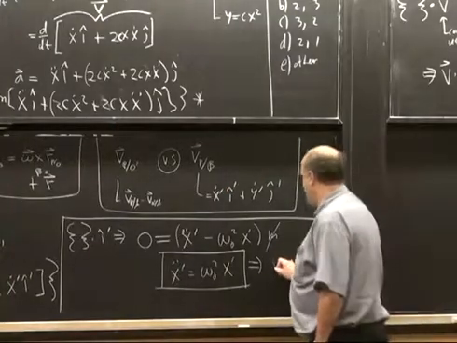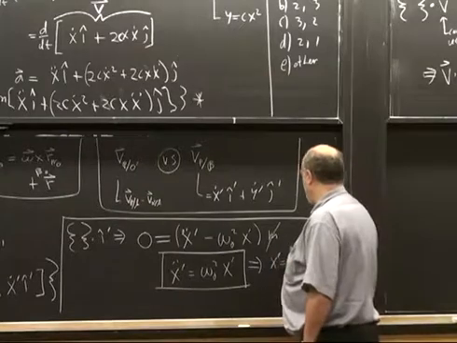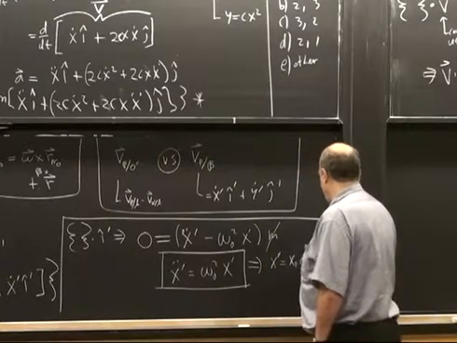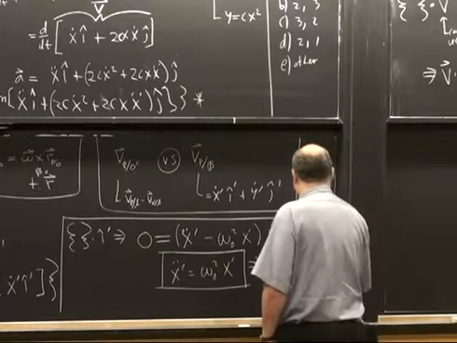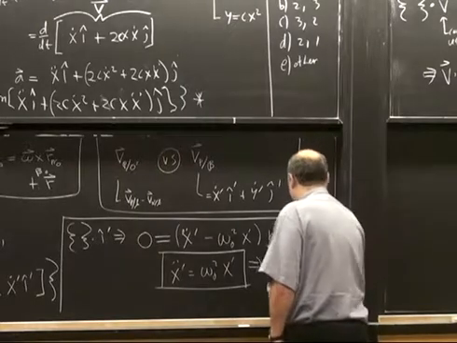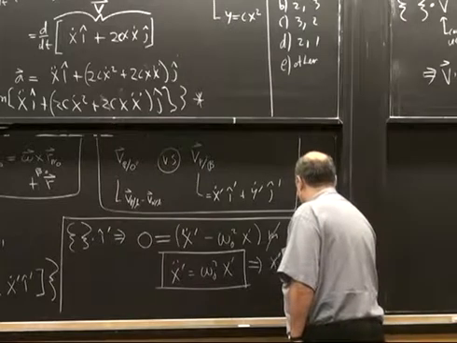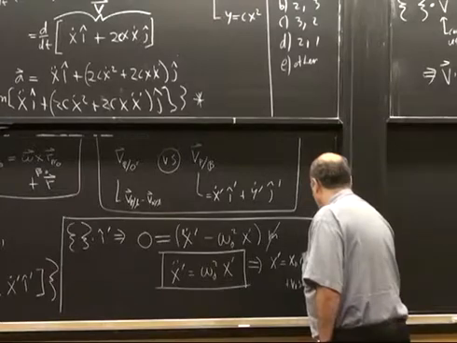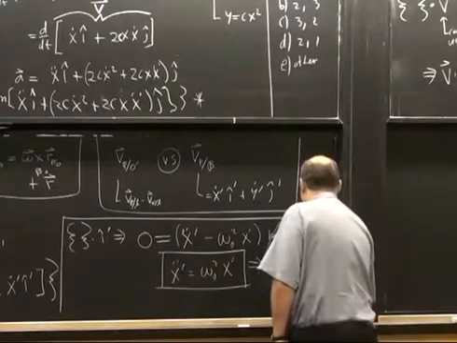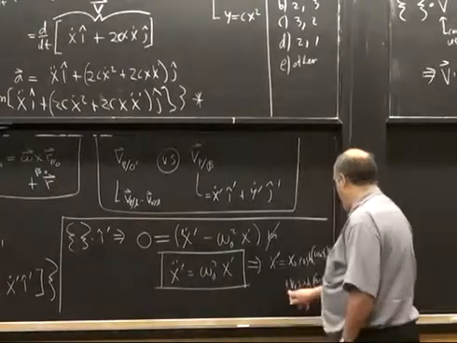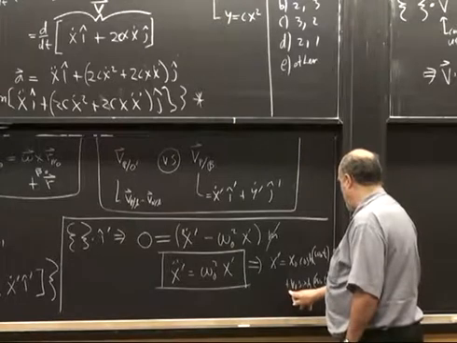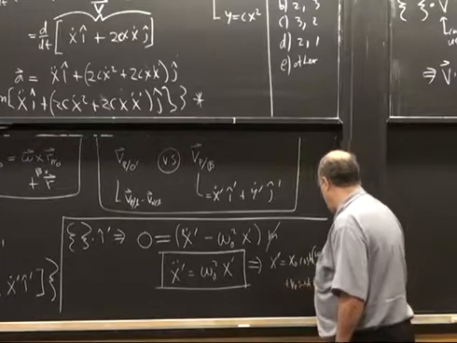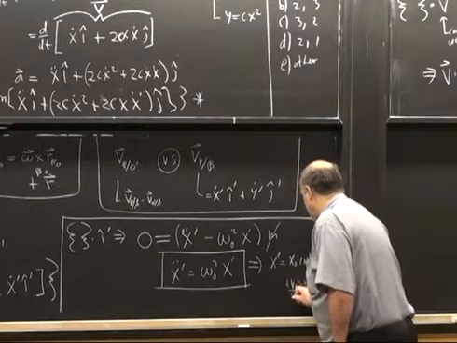So this tells us that x prime is equal to, say, x0 hyperbolic cosine of omega 0 t plus v0 hyperbolic sine of omega 0 t. And I think I have to divide by omega 0, because when I differentiate this, I get an omega 0 on the top, so I have to divide by omega 0.